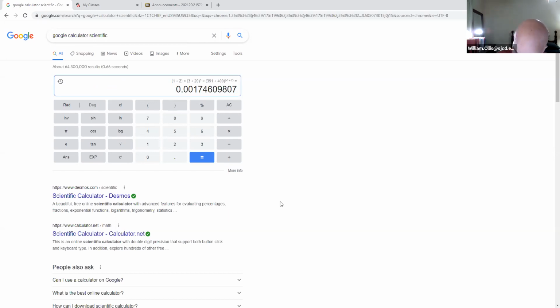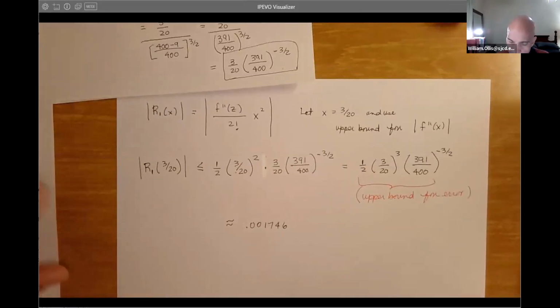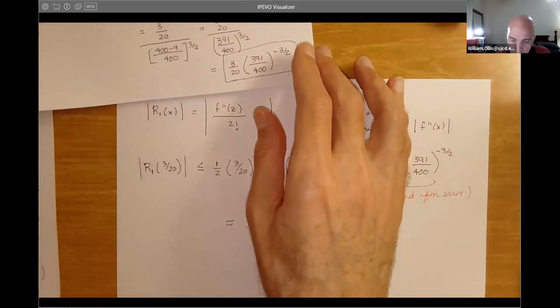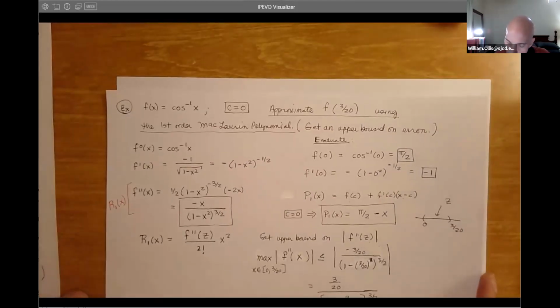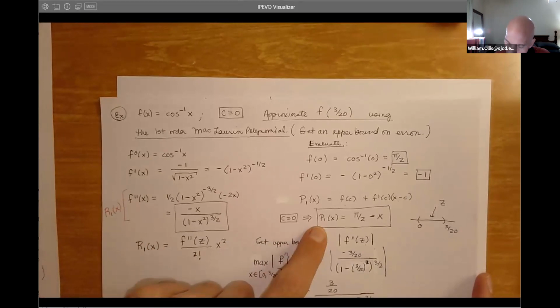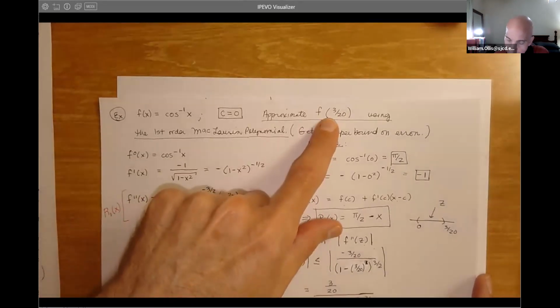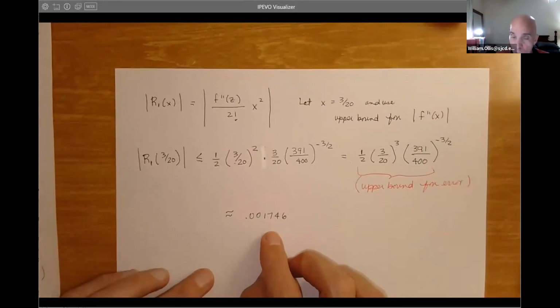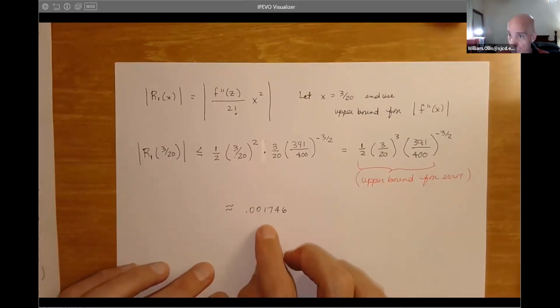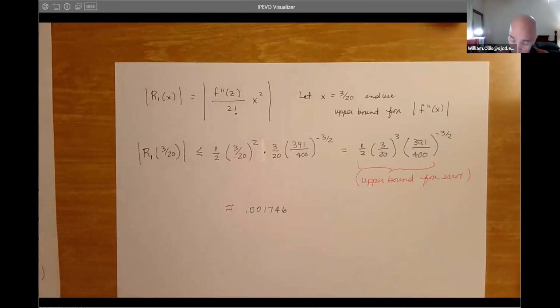0.001746. So we can at least see here that this is not shabby at all. And this is actually worse than it actually is. If we use the first degree Taylor polynomial to approximate f of 3/20, we're getting a fairly small error, and this is actually worse than it actually is.